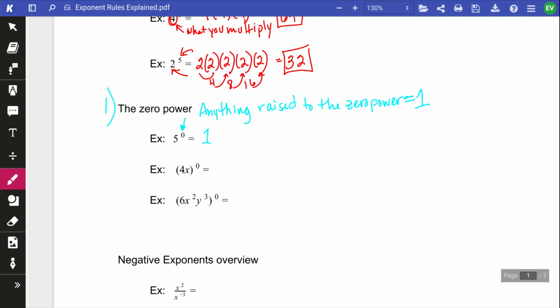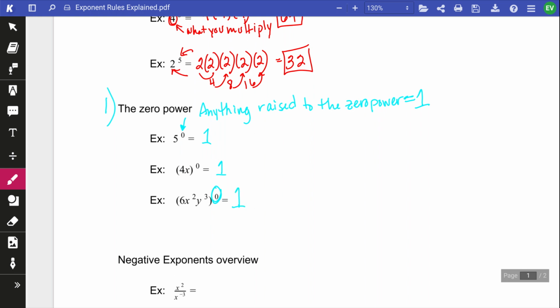Easy as that. See how the 4x is inside parentheses? We raised that whole thing to the 0 power, so guess what it is? You guessed it, 1. In the third example, we have 6x squared y to the third inside the parentheses, and that's raised to the 0 power, so that whole thing equals 1.